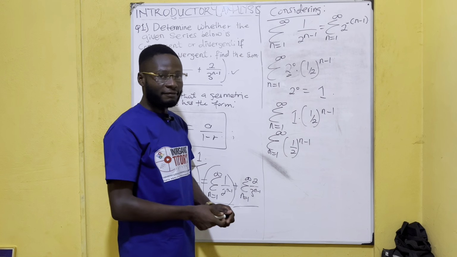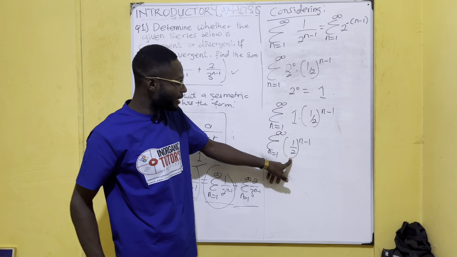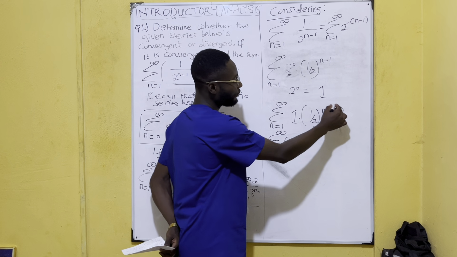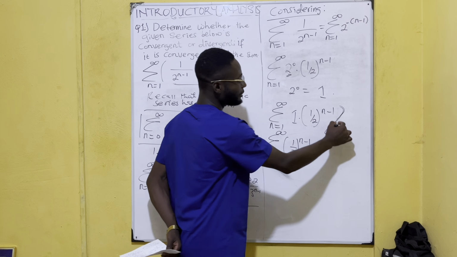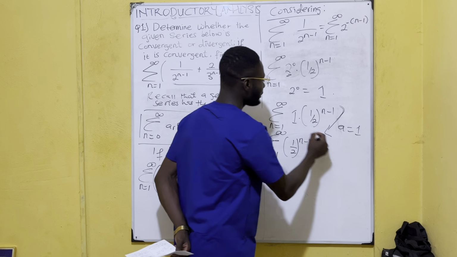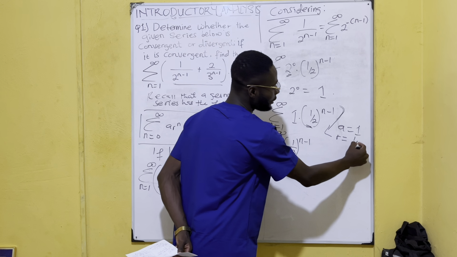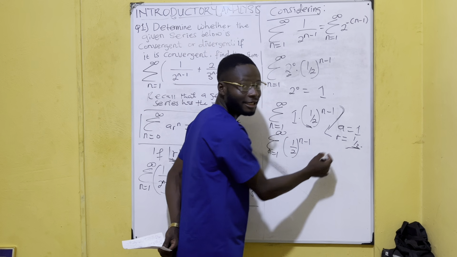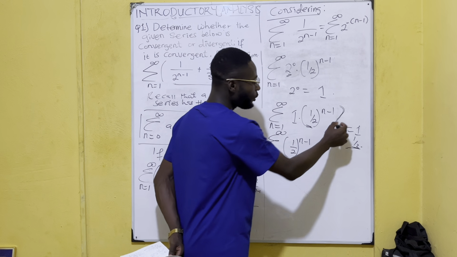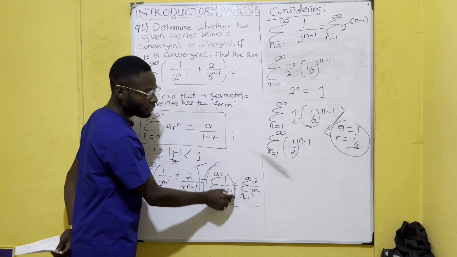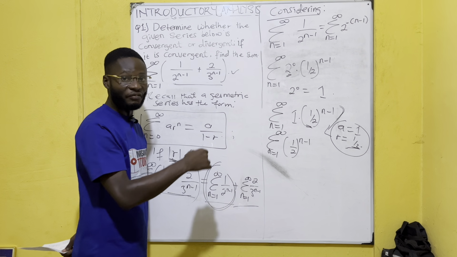We can see clearly that our a is 1 and our ratio r is half, which is less than 1. So this first part of the series converges.